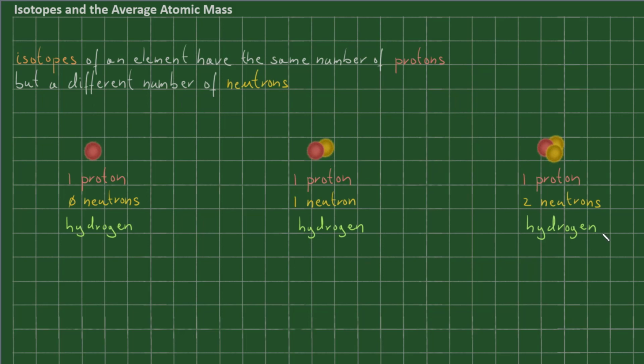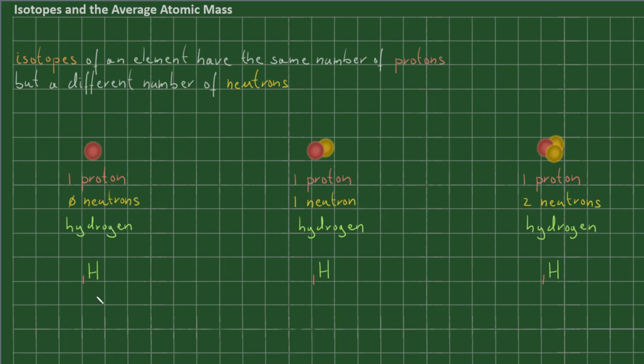Atomic symbols can be used to distinguish between different isotopes. For all three of these hydrogens, the chemical symbol would be a capital H. For all three, the atomic number, or the number of protons in the nucleus, is 1. What about the atomic mass number? Well, this will now be different. Remember, the atomic mass number equals the number of protons plus the number of neutrons.